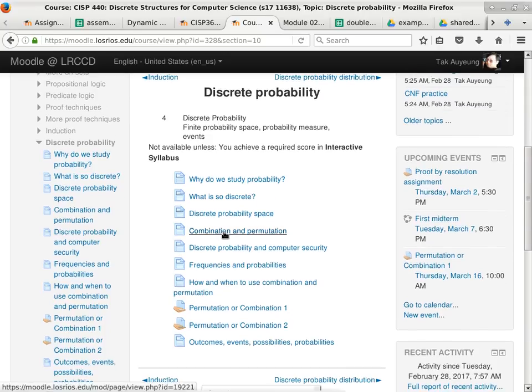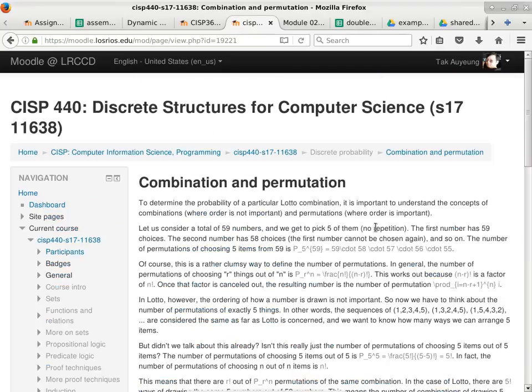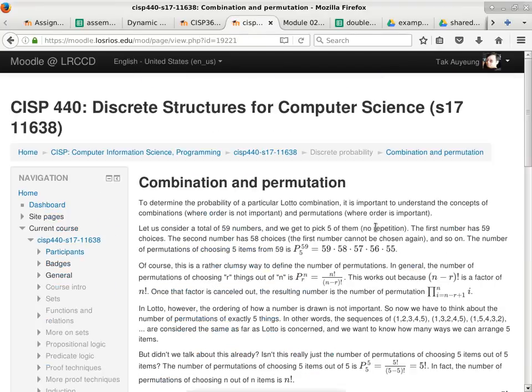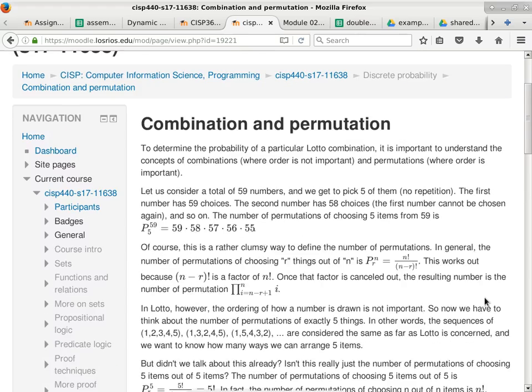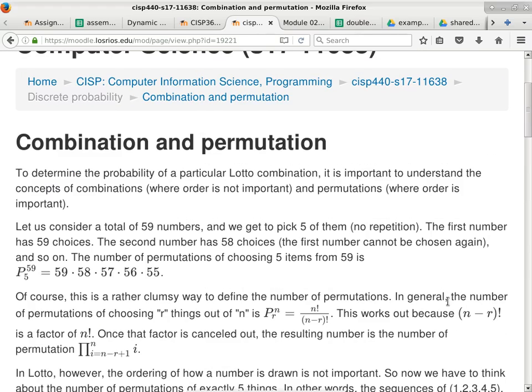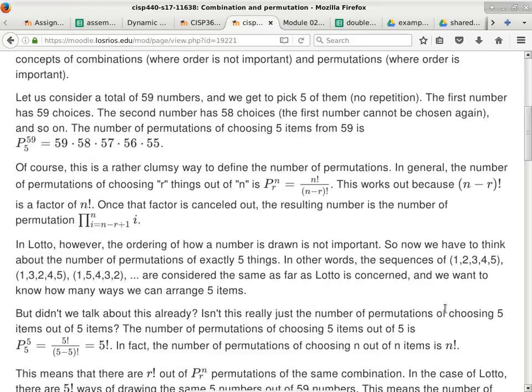All right, so last time we talked about combination and permutation. We talked about lottery and stuff like that. This is really useful, important stuff because it can be used to solve a variety of problems. Are there any questions about permutation versus combination and when to use which one?